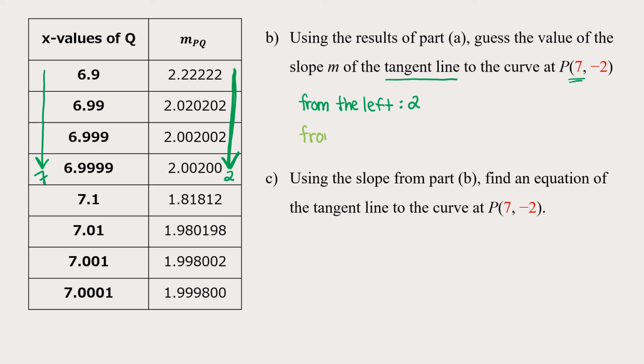So if we look from the right, so starting with numbers that are bigger than 7 and getting closer and closer to 7, the slope between P and Q, so the slope of the secant line, seems to also be getting closer and closer to 2. And since we seem to be getting closer and closer to this 2, the slope of our tangent line is probably about 2.